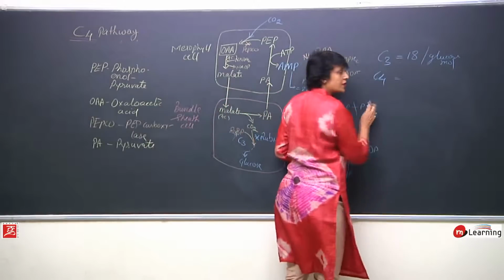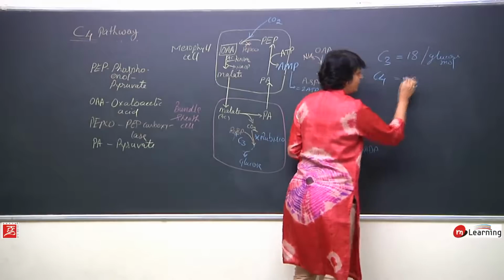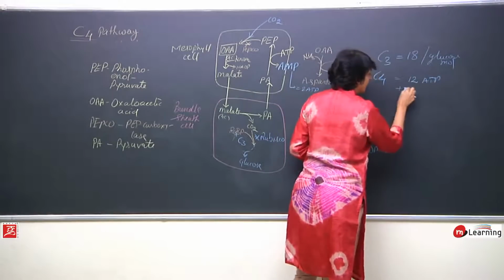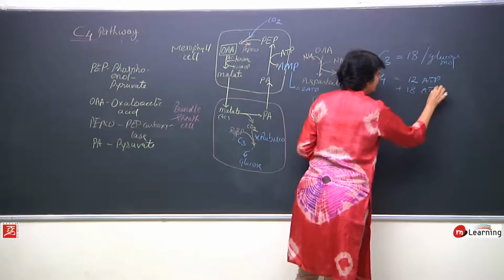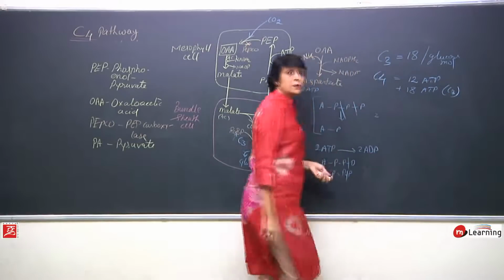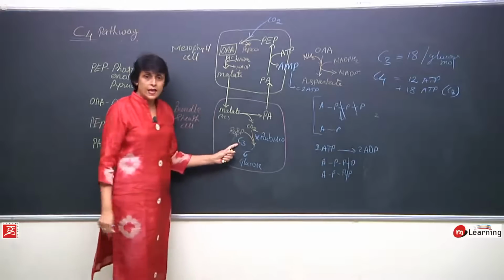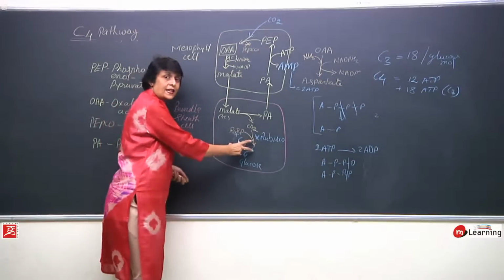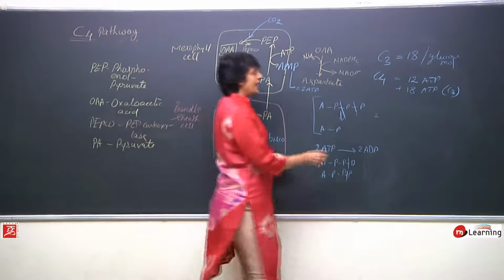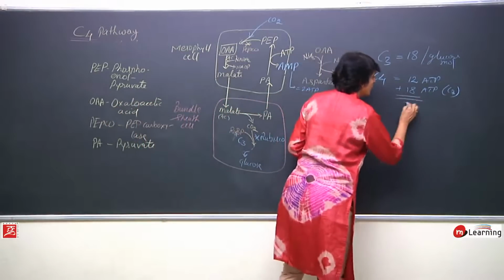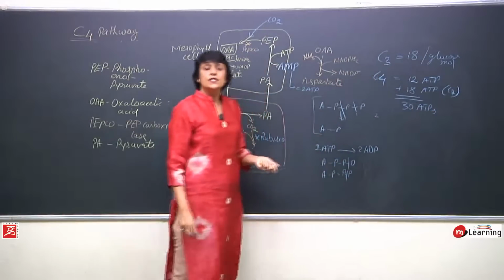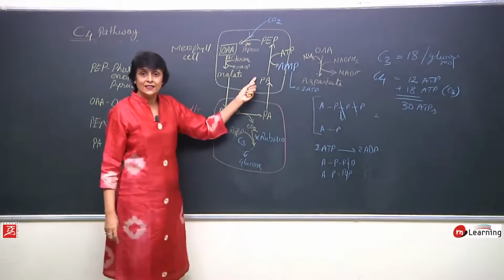So in C4 cycle, 12 ATPs plus 18 ATP requirement due to C3 cycle, this much is required. C3 cycle anyways is taking place, this will require 18 ATPs, 12 extra. So total energy requirement is going to be 30 ATPs in case of C4 cycle.